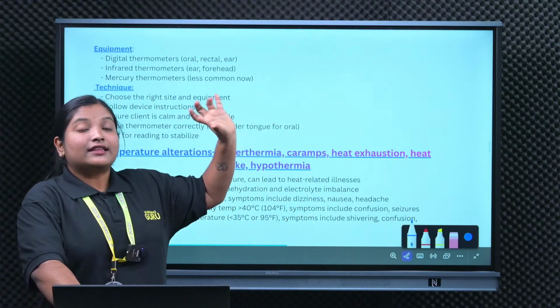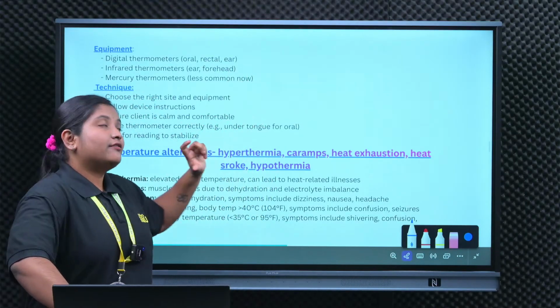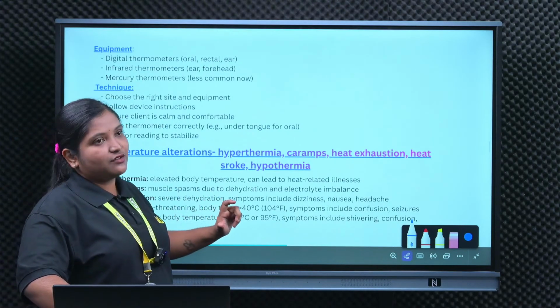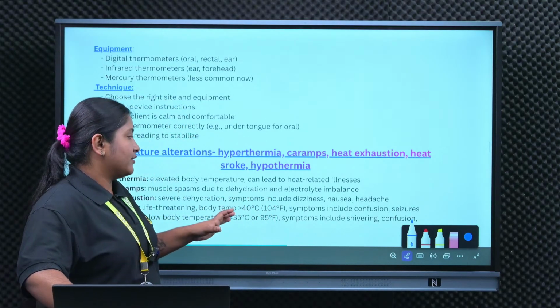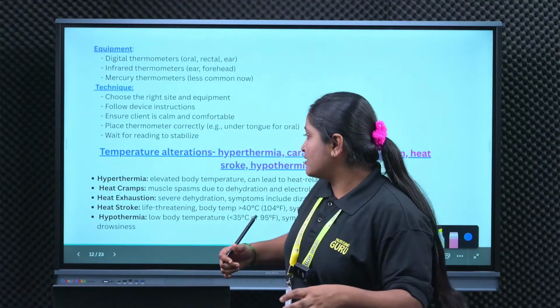Hyper means elevated body temperature, which means increased body temperature. Hypothermia means low body temperature, which is less than 35 degrees Celsius or 95 degrees Fahrenheit. The symptoms include shivering and confusion, or drowsiness.